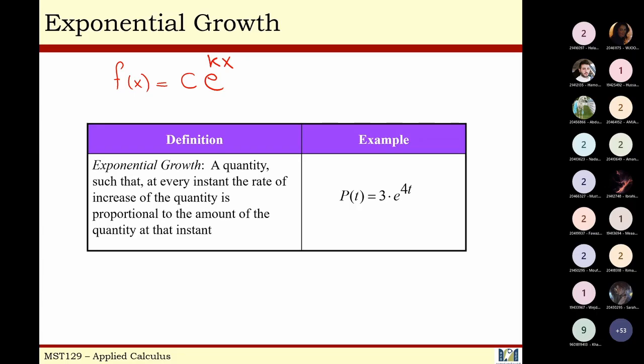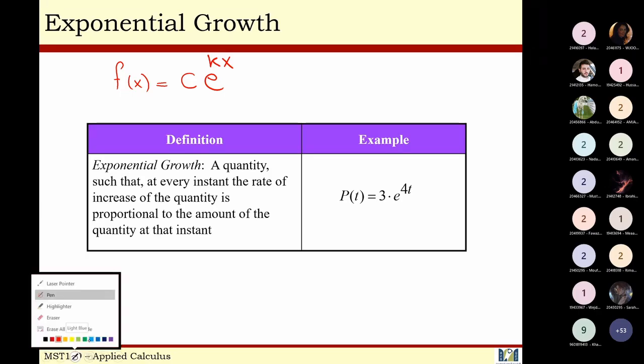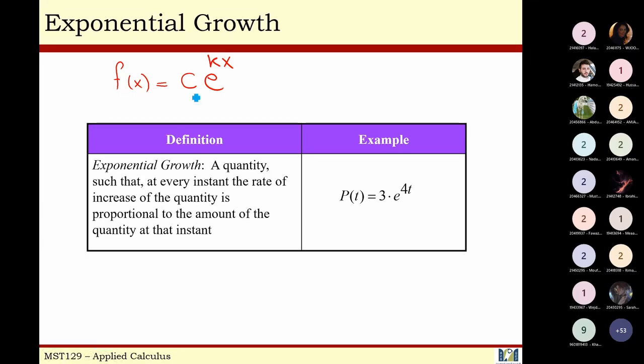This is the exponential growth, where C is the initial value. Initial value, initial population, initial number of bacteria, initial anything.